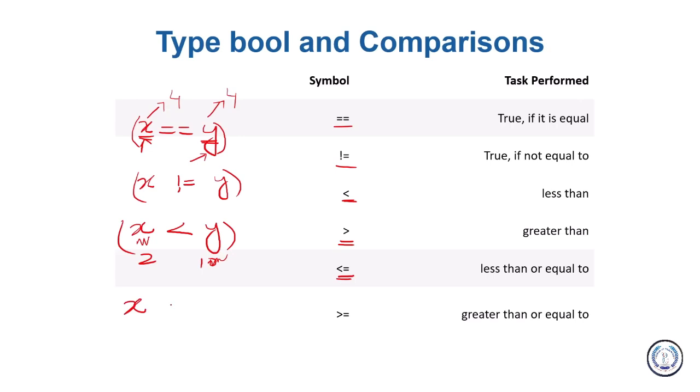For example, if x is less or equal to y, the result will be true if x has a value that is not larger than y. As long as x and y are equal, or x is smaller than y, in any case the result will be true, otherwise false. Similarly, greater than or equal to.